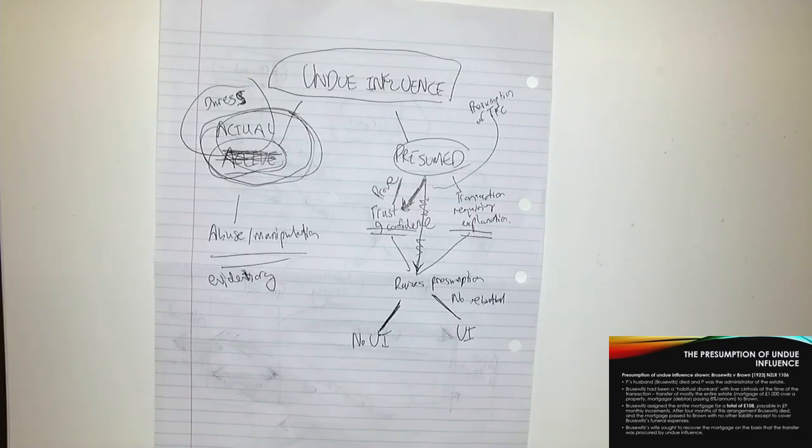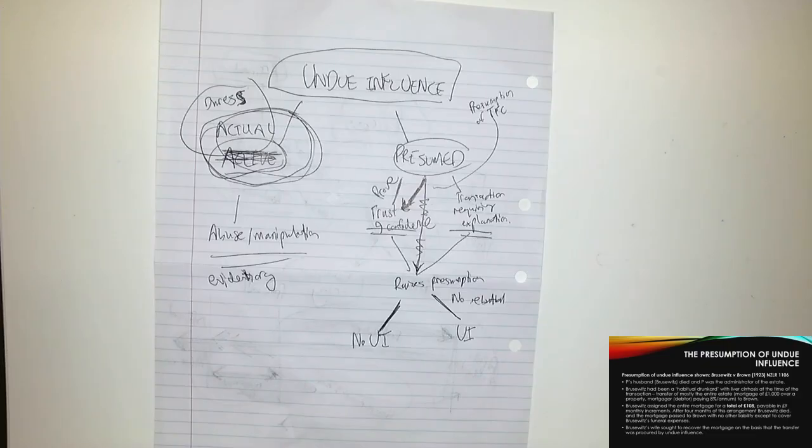Brozovitz says you can have this entire mortgage for £108, which would have been a lot of money back in the day, but still, not a heap. I mean, maybe it was back in the day actually, but it was payable in monthly increments, and the mortgage passed to Brown after his death, and he had no other liability except to cover Brozovitz's funeral expenses from that mortgage.